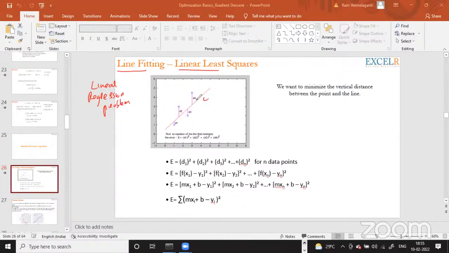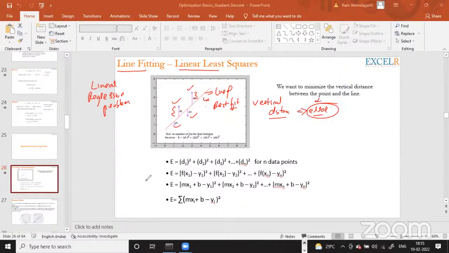And our job is to fit a best equation which can pass through all our observations on our data set and which can minimize the error. So this is our line of best fit, what we are trying to fit on our data set. And these are your actual values. What is this vertical distance? This vertical distance is called error.